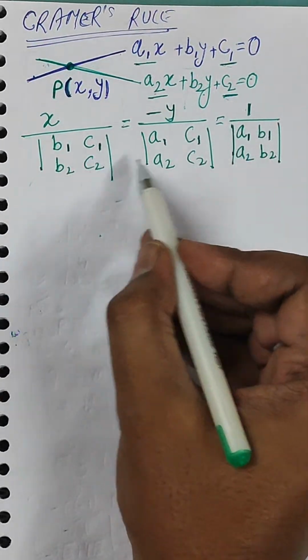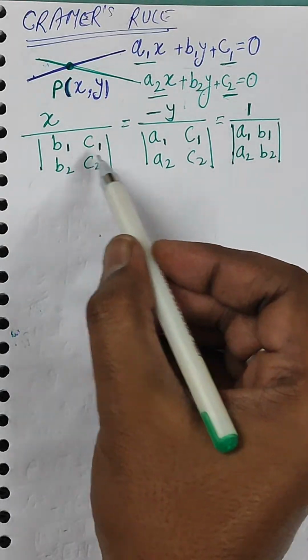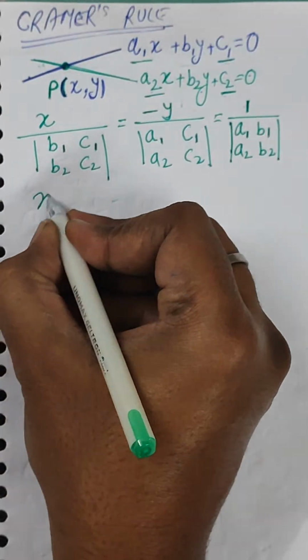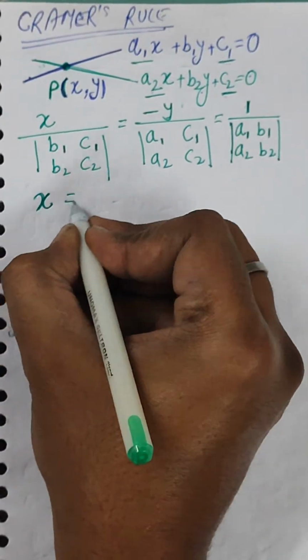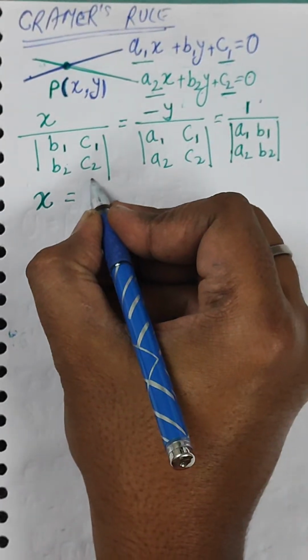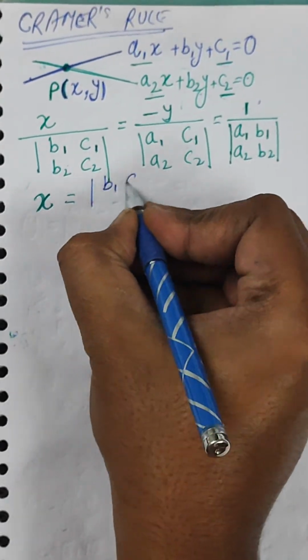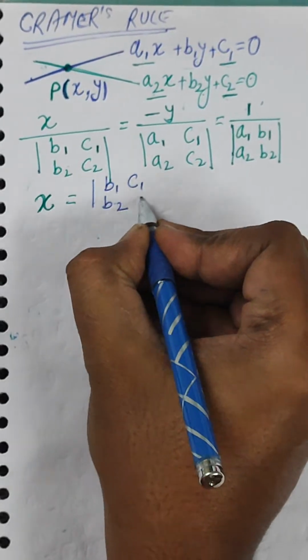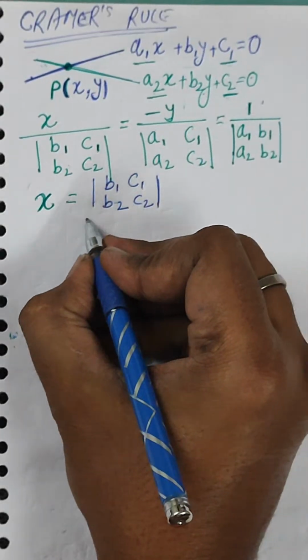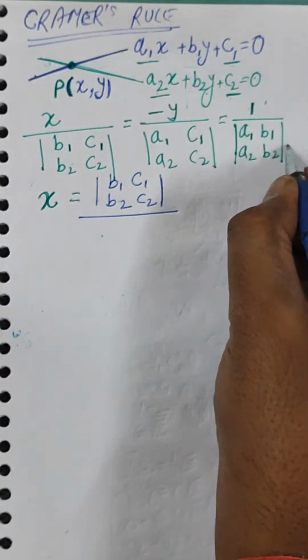The order of these determinants over here is 2 cross 2, and this will give you the value of x. The value of x is calculated from here, as this determinant goes into the numerator, then b1 c1 by b2 c2 goes into the RHS numerator divided by this one which is already present.